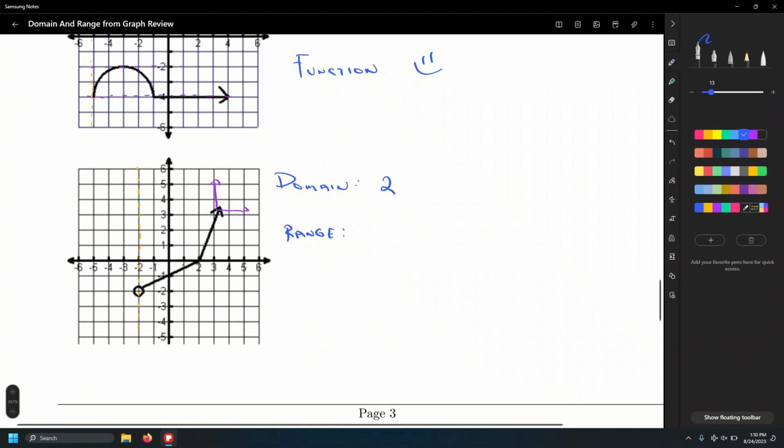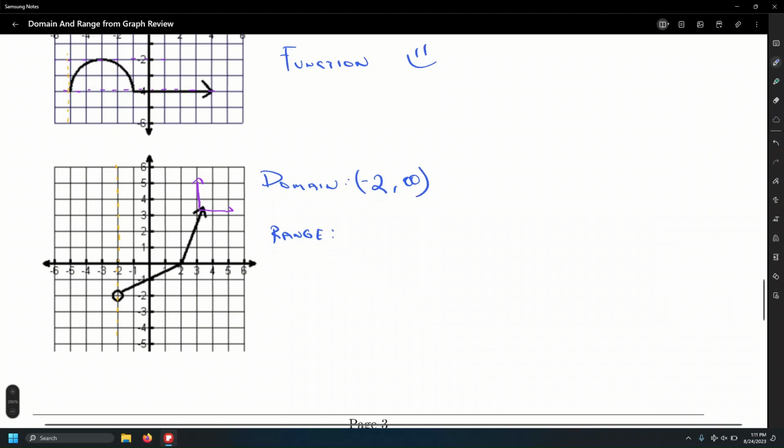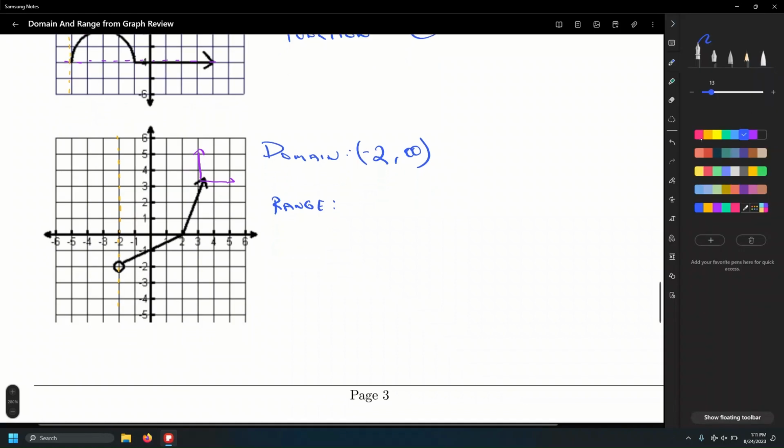We're going to use the parentheses because of the open circle, because it's exclusive this time. Comma, and again, we're going to scan the graph from left to right, but this arrow is indicating the graph goes on forever in the x direction. That is, it's going to be represented by infinity. All right? And then the range, we're going to scan the graph from bottom to top this time.